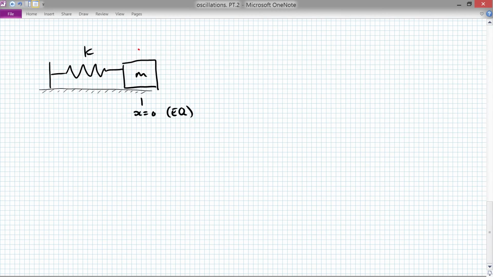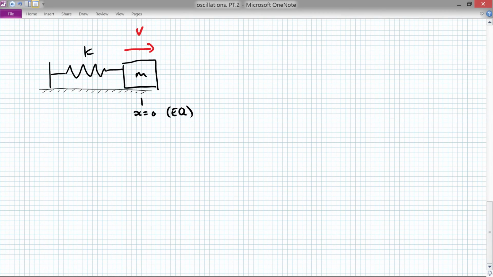So obviously if we're at equilibrium position, that's where we said we have maximum velocity. And I'll just call that V. So at this point in the system, my mass is at equilibrium, so there are no forces acting on it by the spring, which means there's no work being done by the spring at that instant in time.